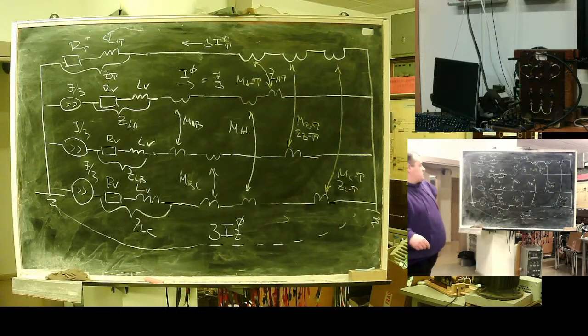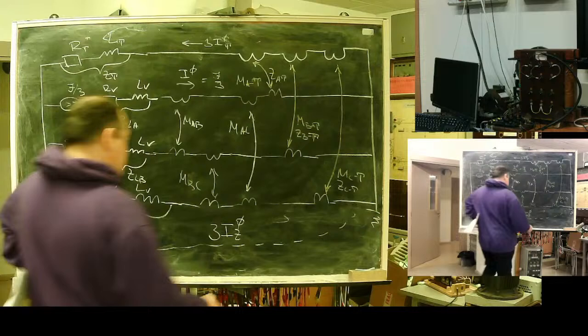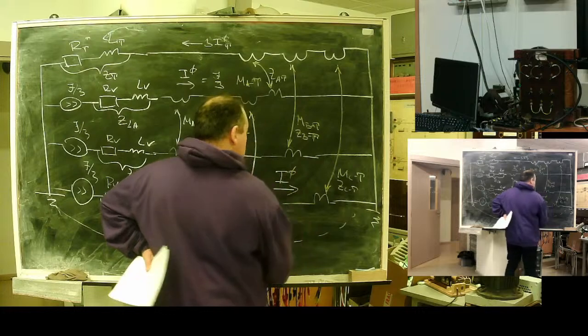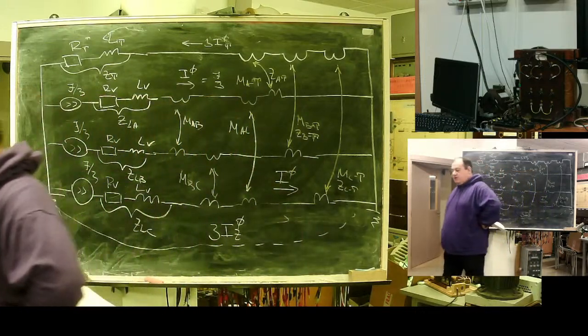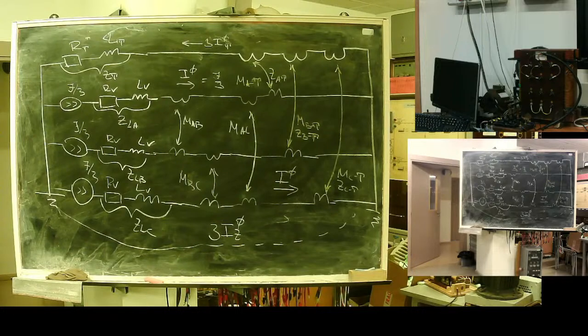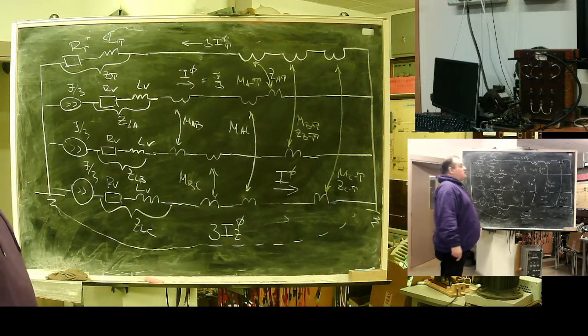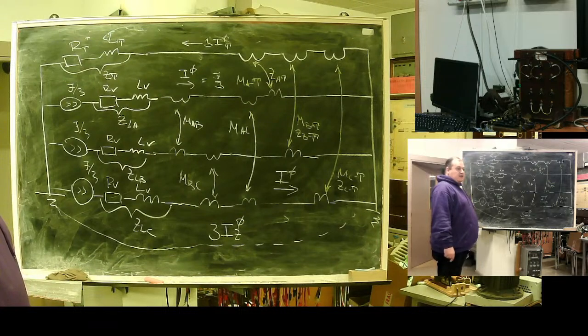Current directions in the phase: what's the direction between the current in the phase and in the protective wire? Are they flowing in the same direction or in opposite?